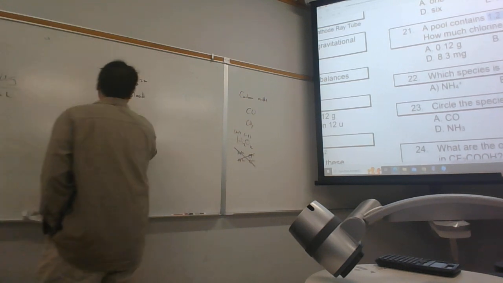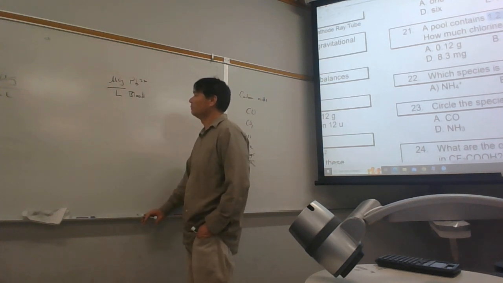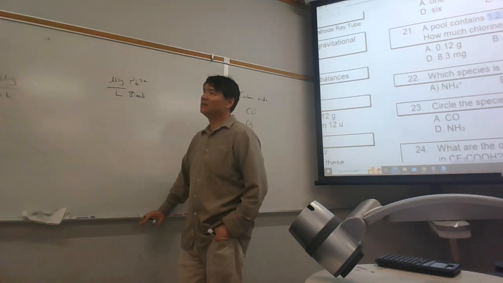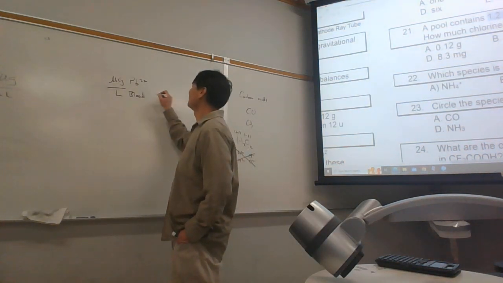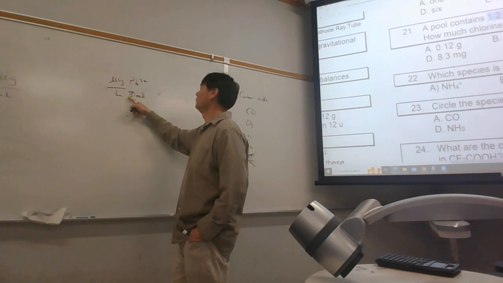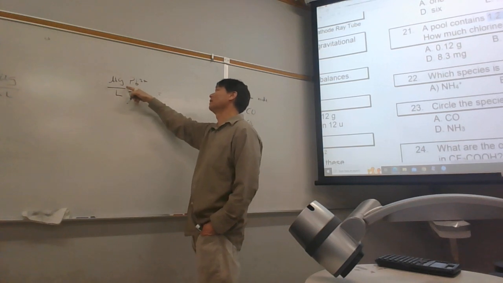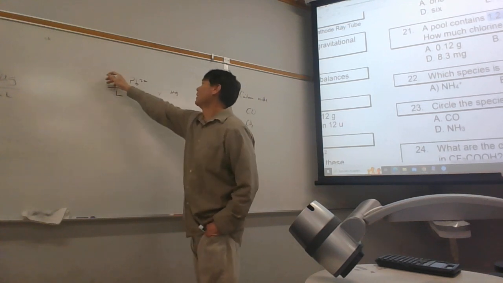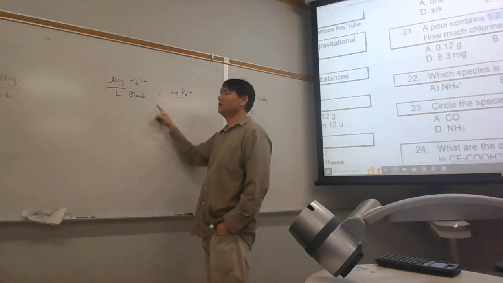Right. And so the way we do this is something like this. We'd make an assumption that the density of blood is going to be about what? The same as water. So we'd make that assumption there. And so a microgram of lead per liter of blood would be like this. This is the way we do these kinds of things. We would do it like this, so we get it in the same units. So this would be 1 microgram of lead. Then we have to figure out how many micrograms are in a liter.